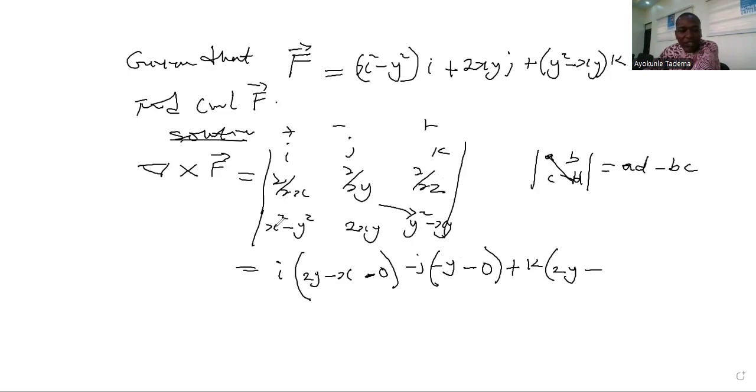Minus, differentiate this one with respect to y, you have 2y. From here, you can simplify further, and here you have 2y minus x i, this one multiplied by this, plus y j. And 2y minus 2y is 0, meaning that this is the final answer. And that is called curl F.